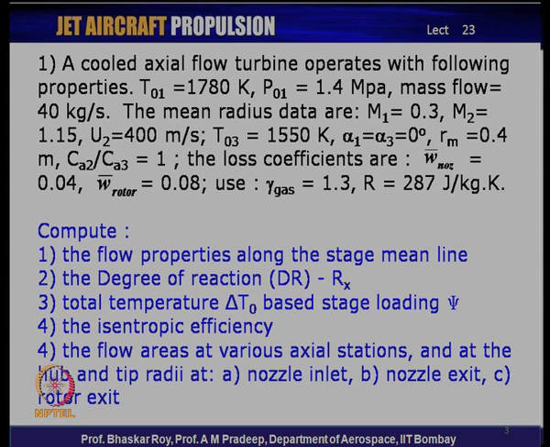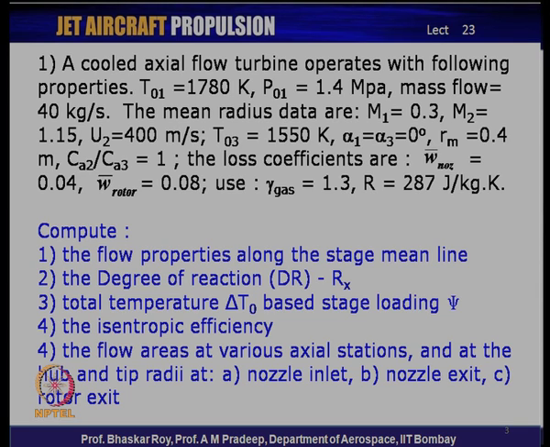The actual flow velocity ratio across the rotor CA2 by CA3 is equal to 1. That means, the actual velocity across the rotor is conserved. This is again a simplifying assumption, but also a reasonably realistic assumption. It is not very ideal, it is a realistic assumption.